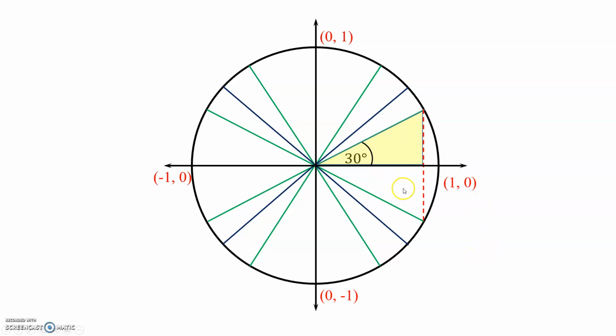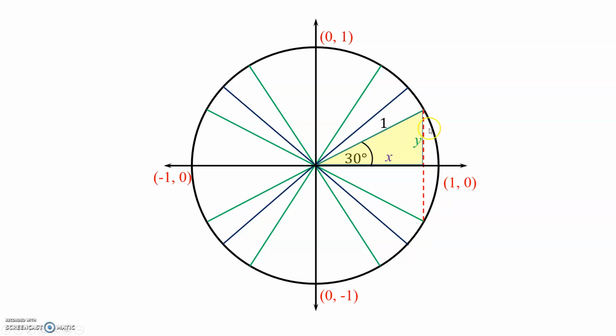So in our 30, 60, 90 triangle, let's identify our sides. Horizontally, we'll call it x. Vertically, we'll call it y. And our hypotenuse here was actually the radius of our circle. So we know the hypotenuse actually equals 1.